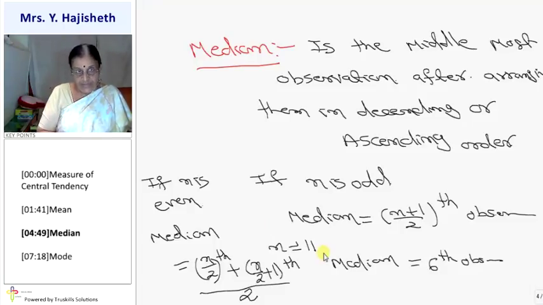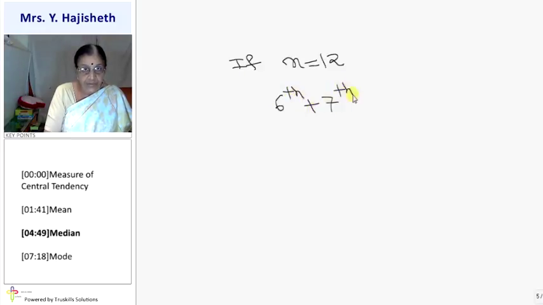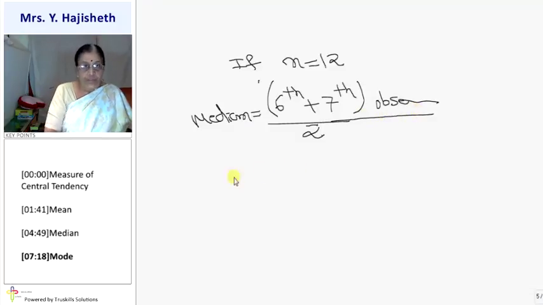For example, if n is 12, then after arranging them in order, you find the 6th observation, then the 7th observation, and divide by 2. So the median is the 6th plus 7th observation divided by 2.